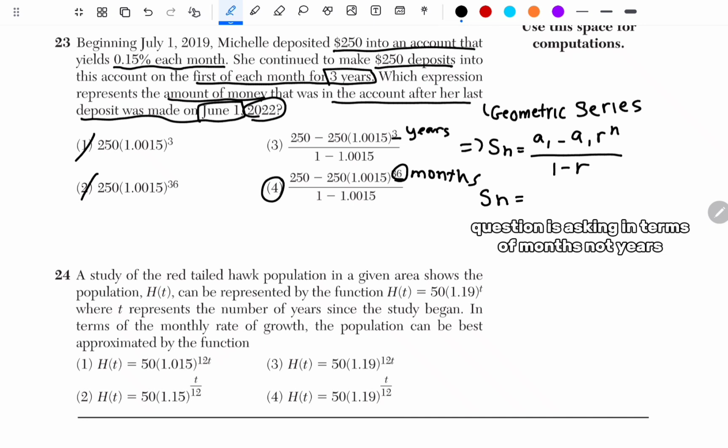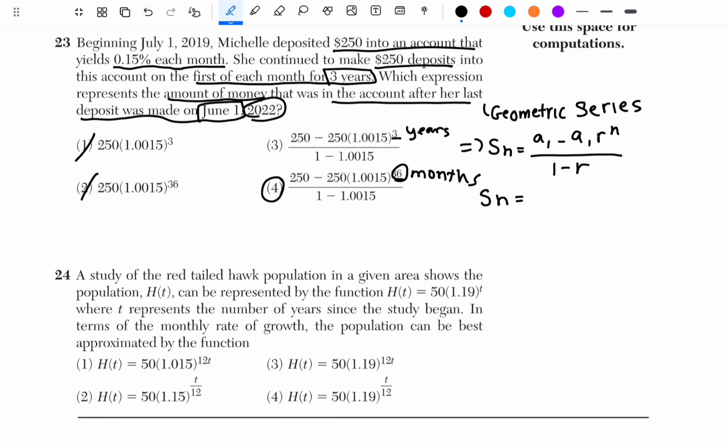It's technically saying 3 months because there is an error of reading the question. It's saying that she's been doing this on the first of each month for 3 years. If it's 3 years, it's 36 months. If we do this 3, it doesn't incorporate the years. So instead, we have to convert it into months.